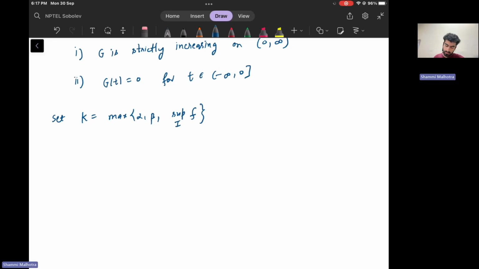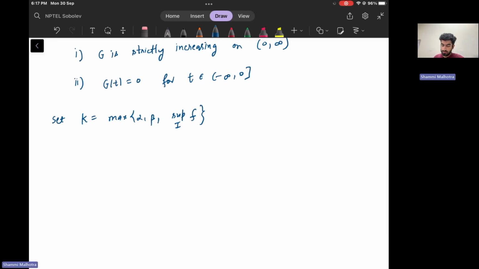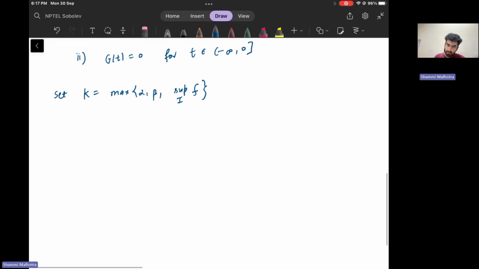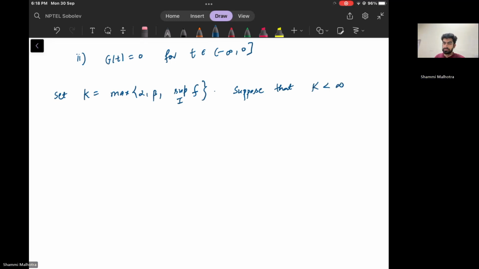So this is the maximum of taking alpha, beta, and supremum. Again, I'm taking supremum to be finite, or it's infinite. The inequality holds trivially. And so suppose that k is finite only.